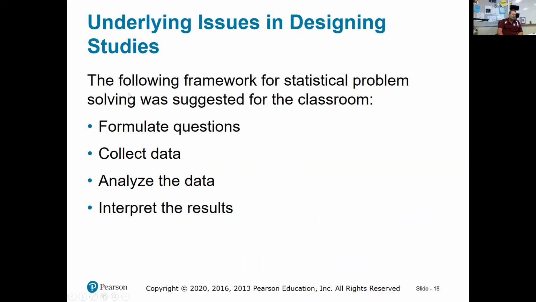It says the following framework for statistical problem solving was suggested for the classroom. Formulate a question, collect the data, analyze the data, and interpret the results. So those are your basic investigation, your labs that you do. You've got to formulate, okay, what are we trying to find?